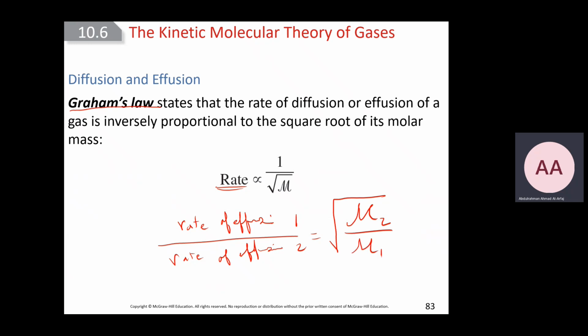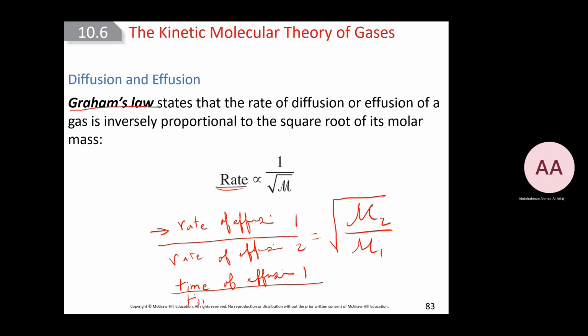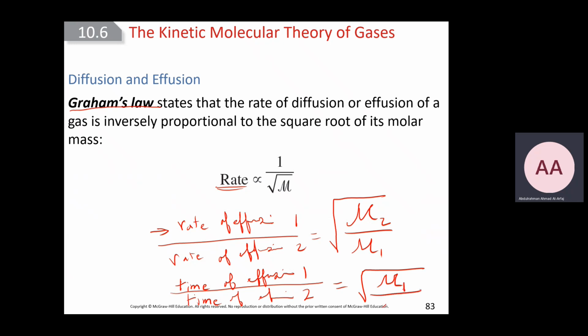This is the rate of effusion. But if you want the time of effusion of 1 over time of effusion of 2, then this is equal to the square root of molar mass of 1 over molar mass of 2. You have to be careful about this.